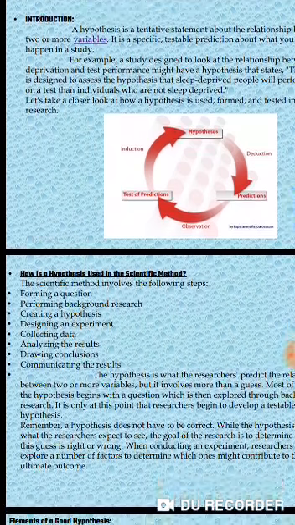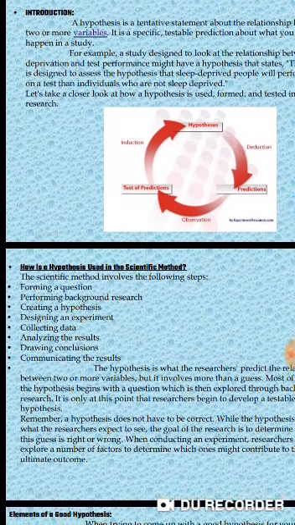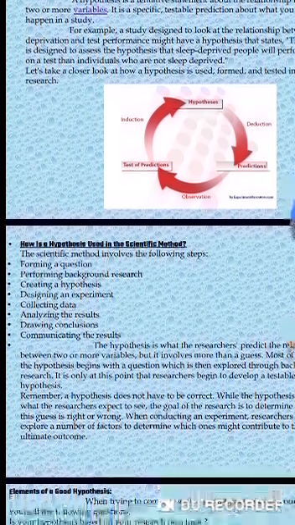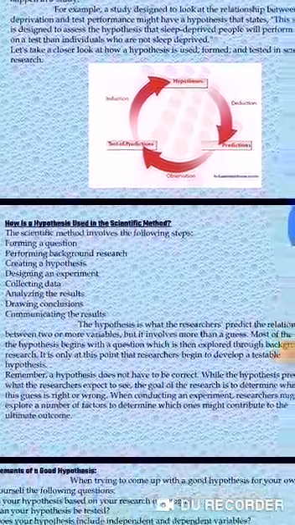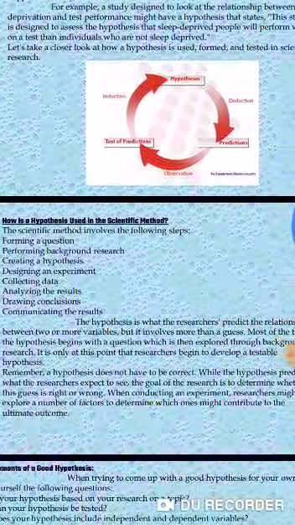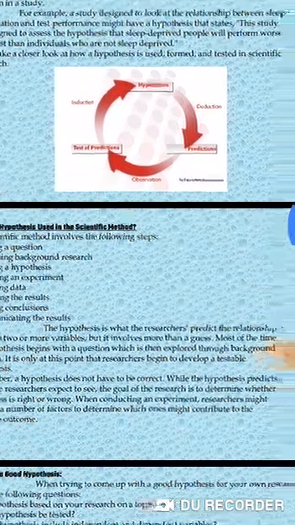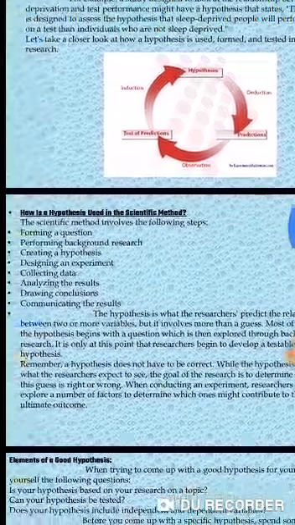First we are forming a question, then performing background research, then creating a hypothesis and designing an experiment, then collecting data, analyzing results, and at the last drawing conclusions and communicating the results. These are the points used in a scientific method for hypothesis.